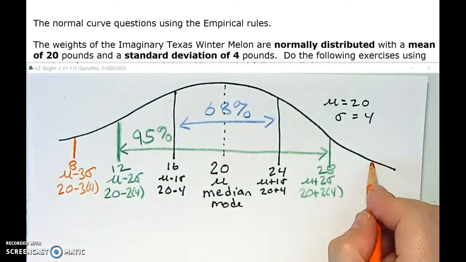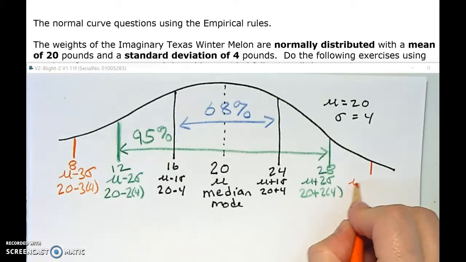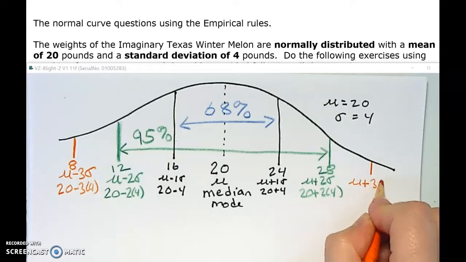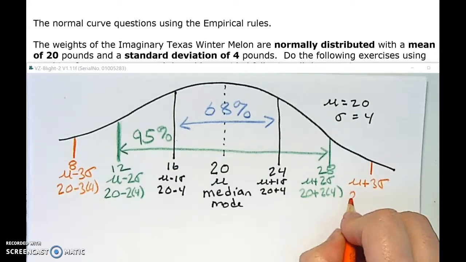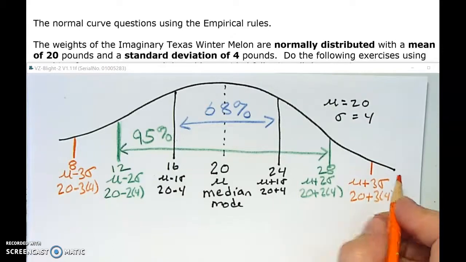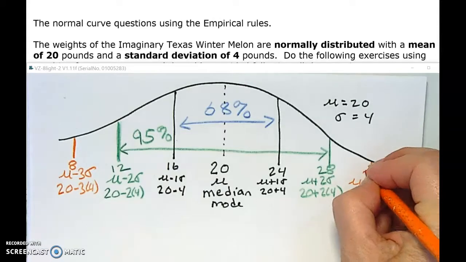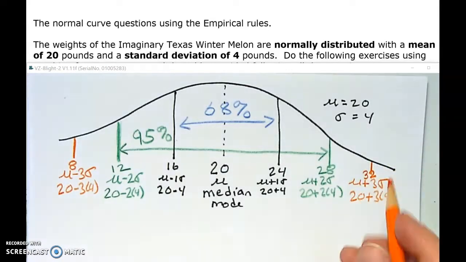And then we're going to go here. This is the mean plus 3 standard deviations, and the mean is 20, and we're adding 3 times 4, so we're adding 12, and 20 plus 12 is a 32-pound winter melon, which is a big winter melon.